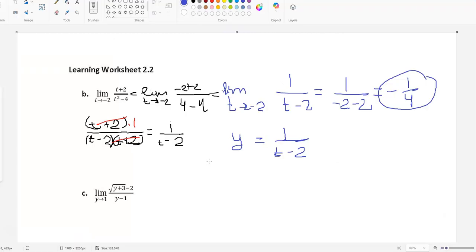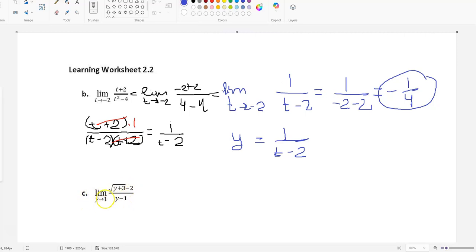In this example, we learned that if we're dealing with a rational expression and we want to find the limit at a value of the independent variable that turns the denominator into 0 and at the same time turns the numerator into 0, that it's a root for both, and we can reduce that.